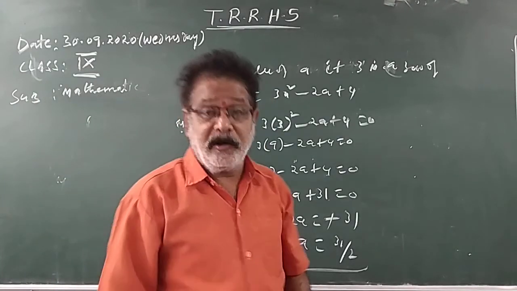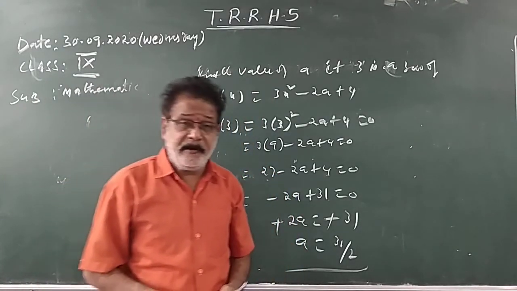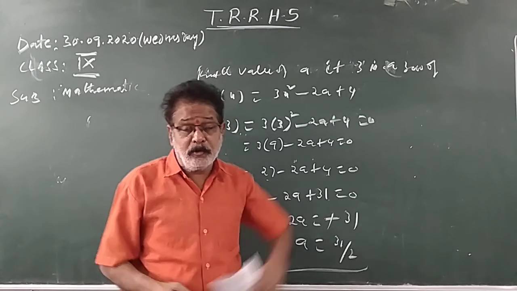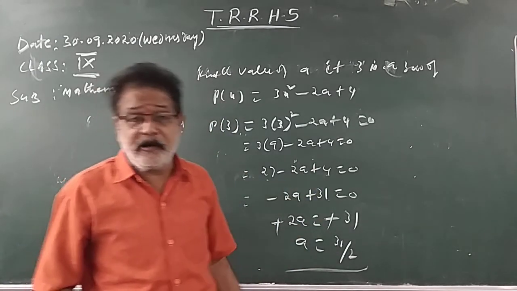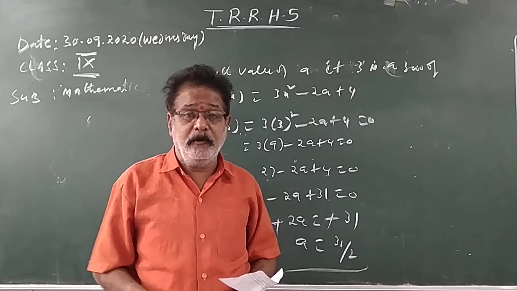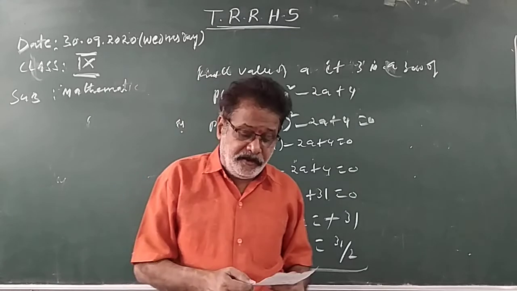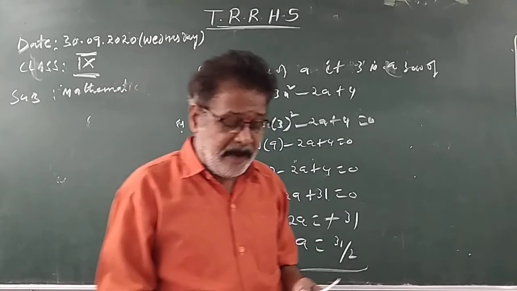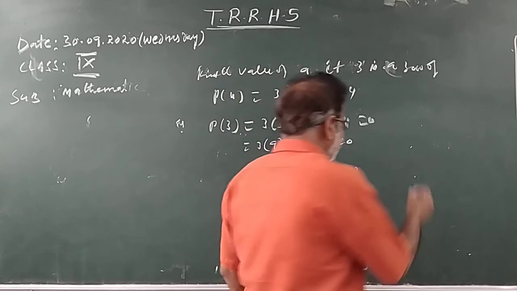So I hope you understood the value of the polynomial and how to find the zero of the polynomial, and how to check whether it is a zero of the given polynomial or not. Children, the same model problems are there in exercise 2.2 of the textbook.